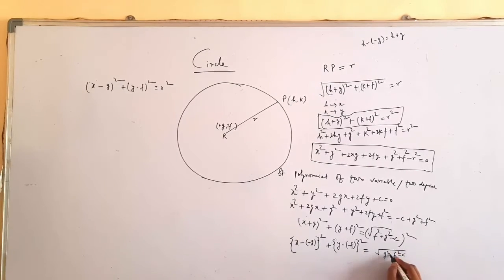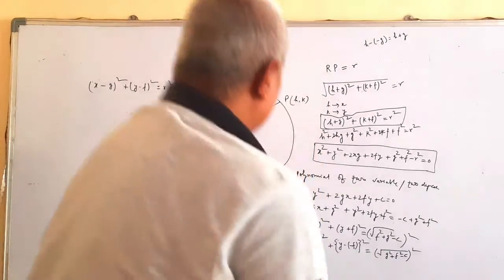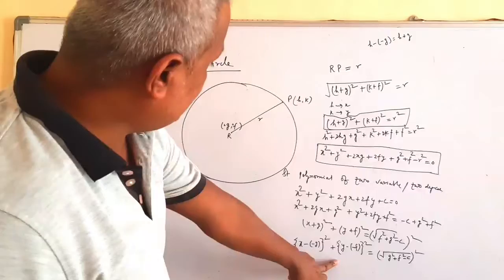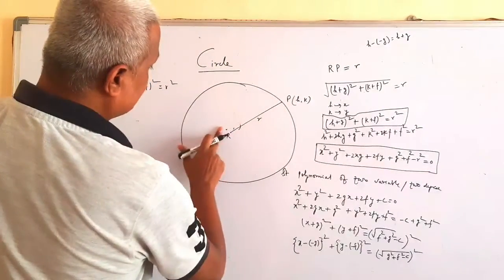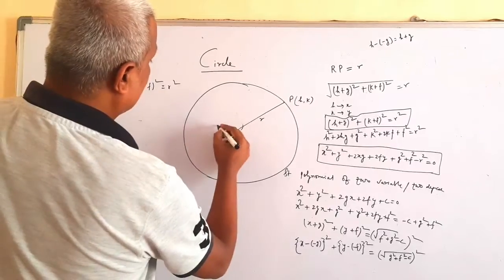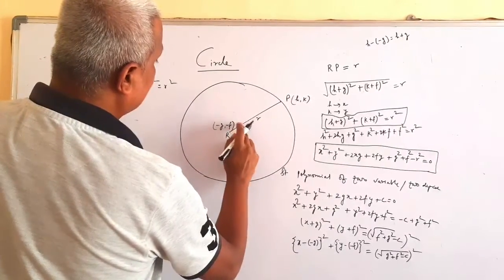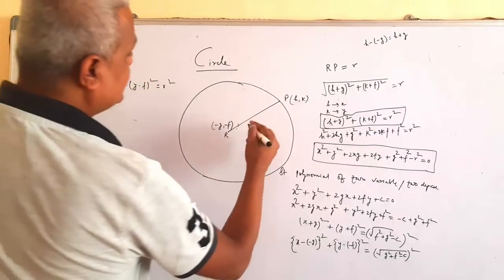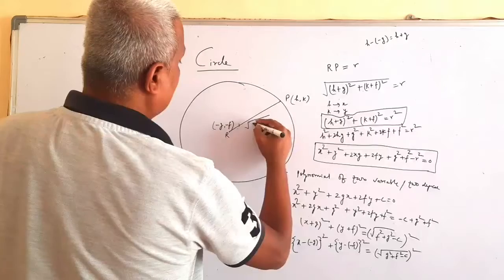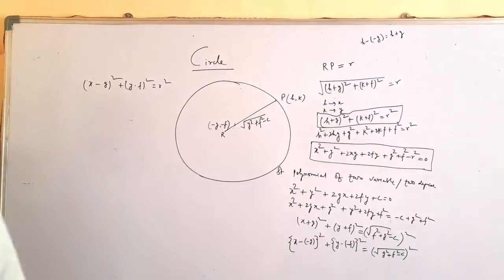It means that this equation represents a circle with the center, which right now is not required, so I can make it minus g, minus f, and the radius r is nothing but under root g square plus f square minus c.